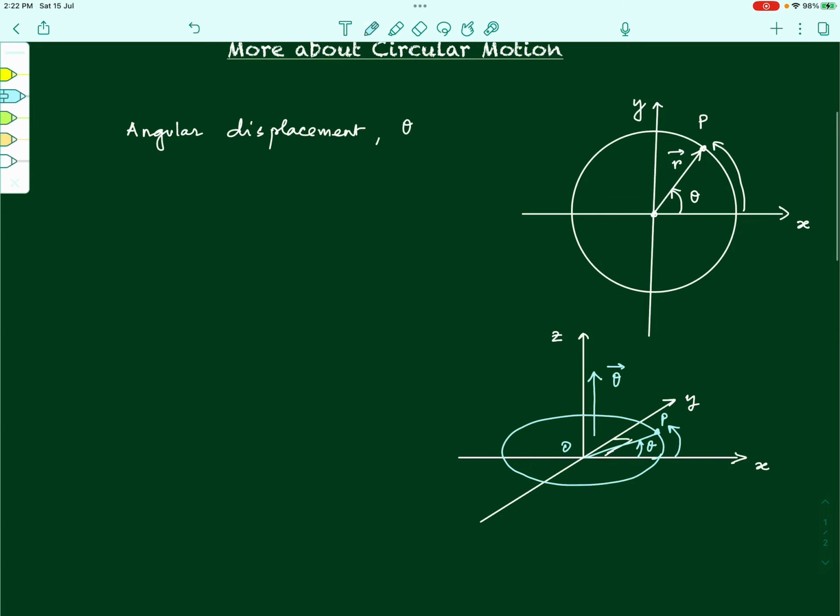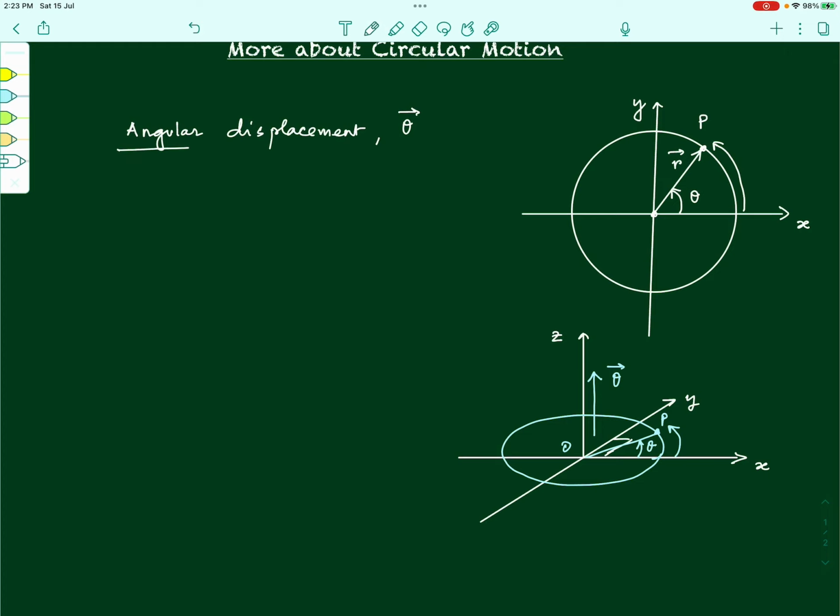Okay. So, the angular displacement that we have discussed in the last video is actually a vector quantity, though sometimes when we work with questions, it works even if we do not consider this particular direction of theta, we simply take its value and use it. But if we know that it has a direction, then sometimes if required, we can use that aspect and get our questions correct. Sometimes it might get confusing. If you do not know the direction correctly, you might make a mistake while solving the question.